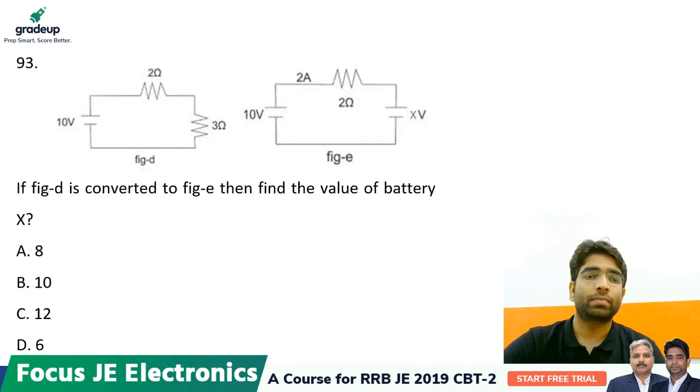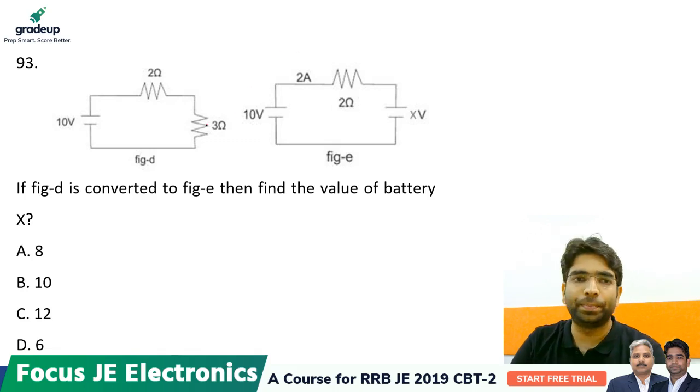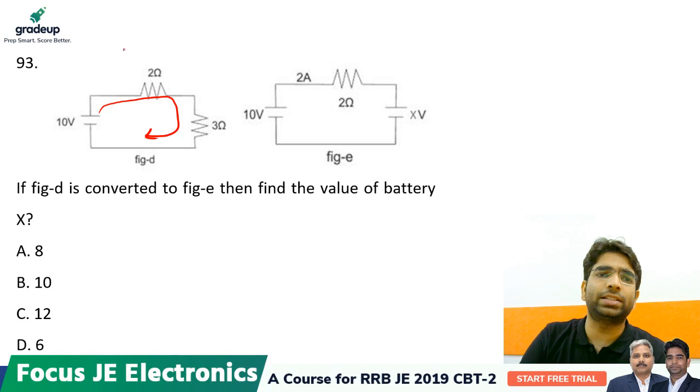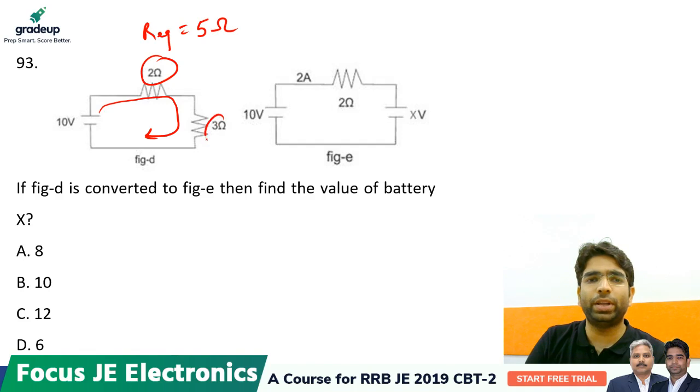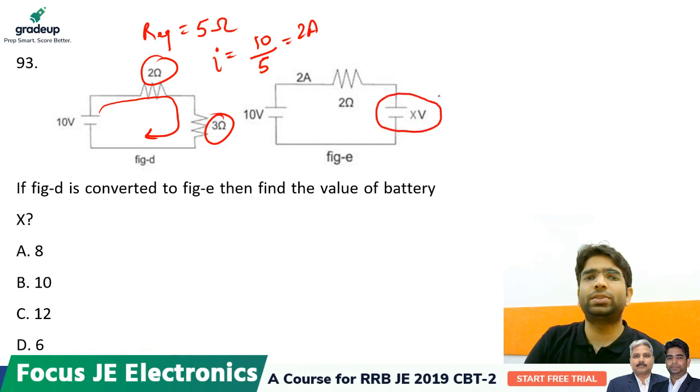Now see, this is a case of the substitution theorem. 10 volt source, and what is the net resistance? R equivalent is 5 ohms, 2 ohms plus 3 ohms. So what is the current in the circuit? It is voltage by resistance, that is 2 amperes. Now can you replace this 3 ohm resistance with a voltage source V that has the value IR?